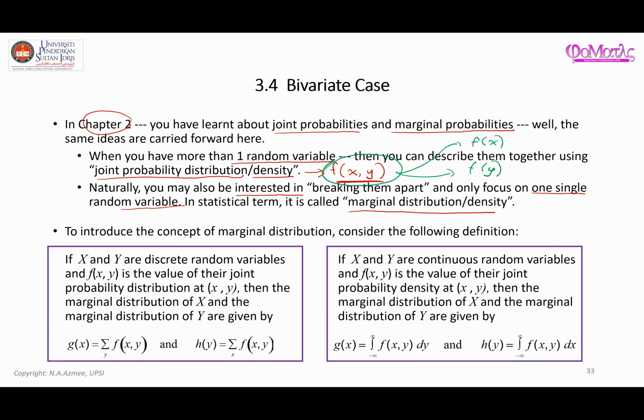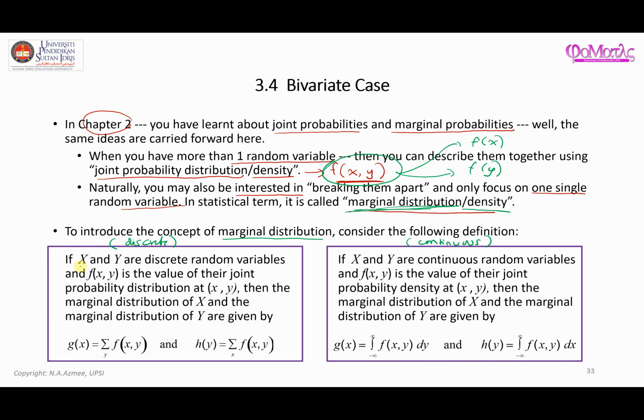So this is what marginal distribution or marginal density is all about. To introduce the concept of marginal distribution, we're going to consider the following definition, where this one refers to the case of discrete random variables, and this one is considering the case of continuous.